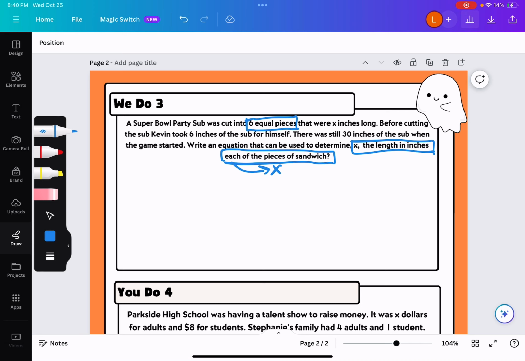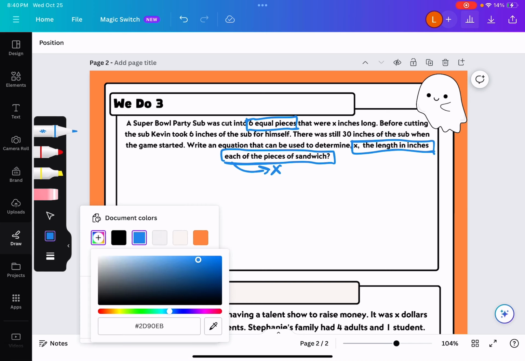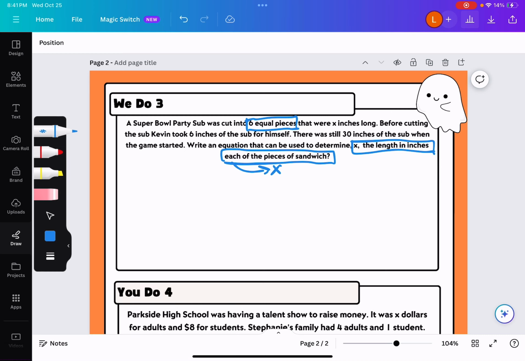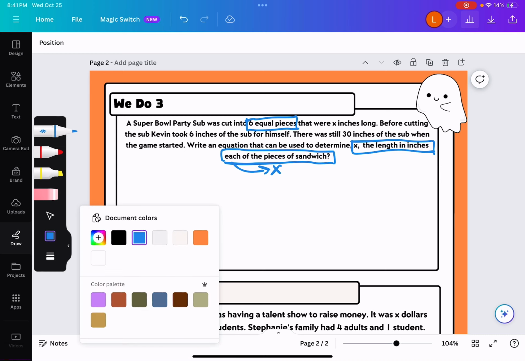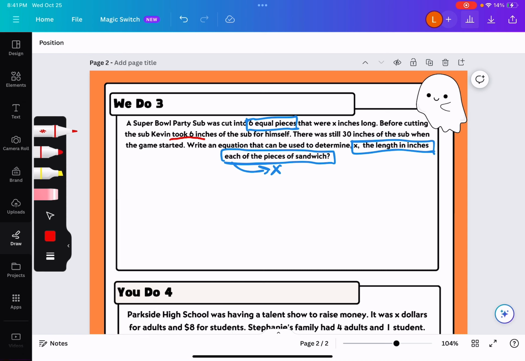So before cutting the sub, Kevin took 6 inches. So if he took, is that adding or subtracting? Okay. If you said subtracting, you are correct.